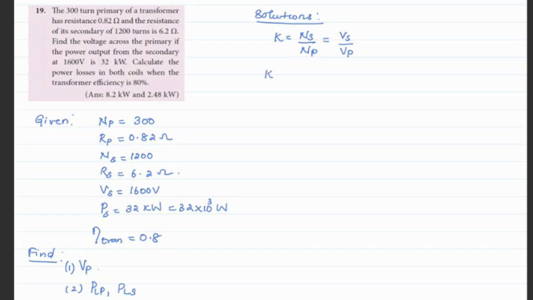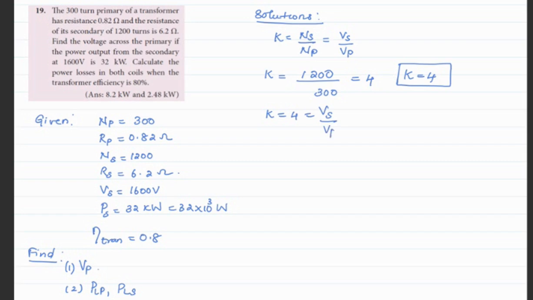The voltage transformation ratio K is equal to Ns by Np, which is 1200 by 300. So K is equal to 4. When K is equal to 4, that is also equal to Vs by Vp.